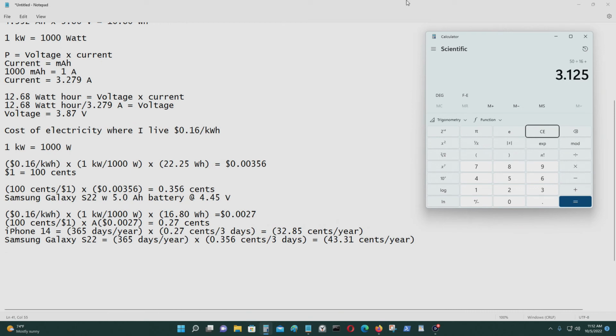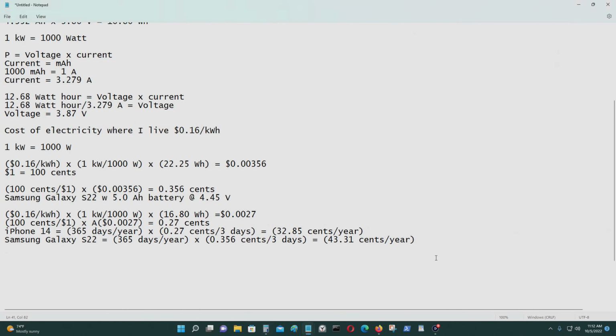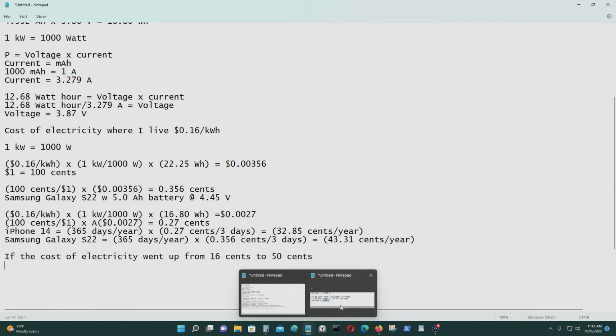It would have gone up about 3.2125 times. Okay, from 16 cents to 50 cents.